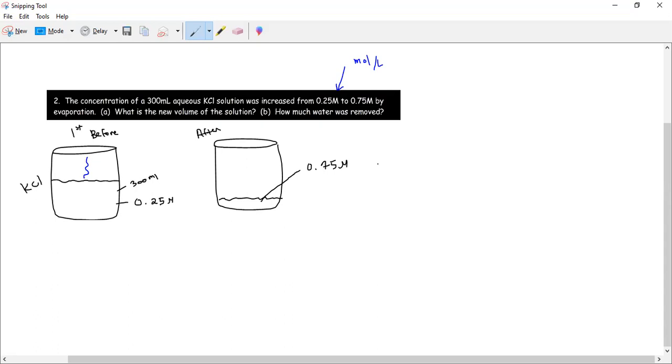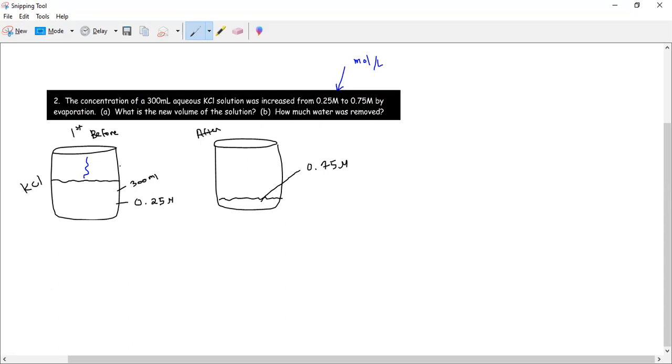Less water and more solute. Well, not more solute. The solute stays the same, but that distribution is disturbed. So it's essentially asking us what is the new volume of the solution.